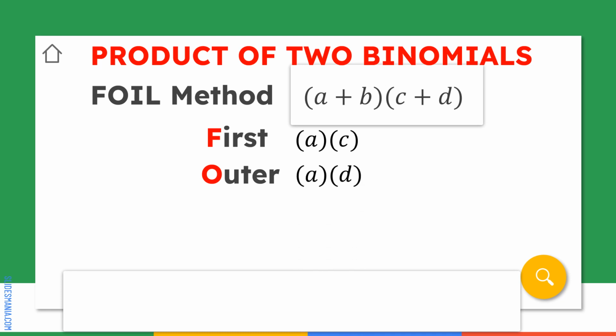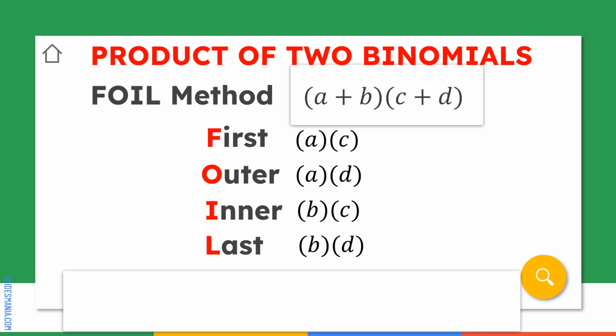Then the inner terms or the middle terms, which are b and c. And the last terms will be multiplied next. For the last terms, we multiply b and d. Take note of the arrangement so that you won't be puzzled.